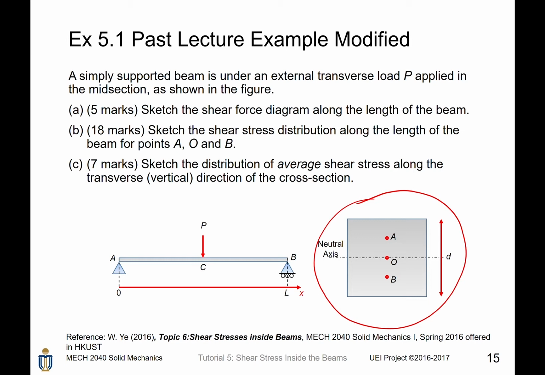Probably there is some overlap of use of letters, so bear in mind with that. So A and B in the left figure is talking about the tips, the pin and the roller support, while the AOB in this cross-section is talking about a point in the cross-section. Besides, we also need to sketch the distribution of average shear stress along the transverse direction of the cross-section.